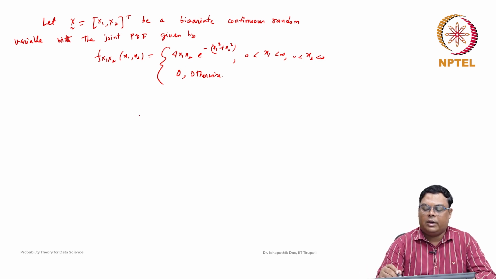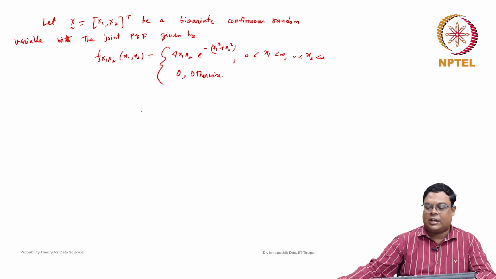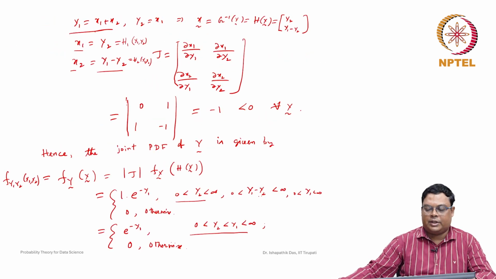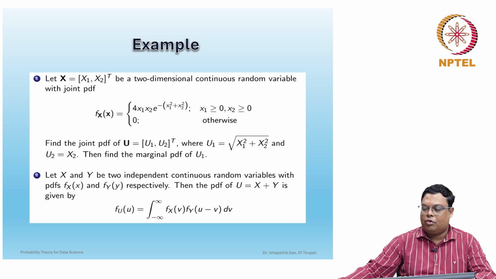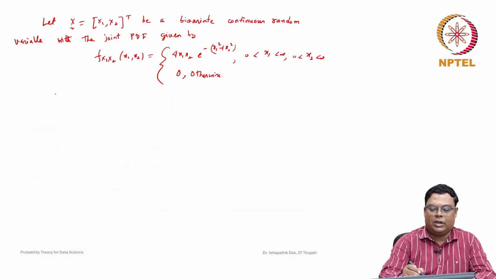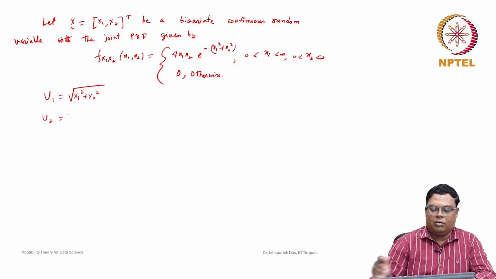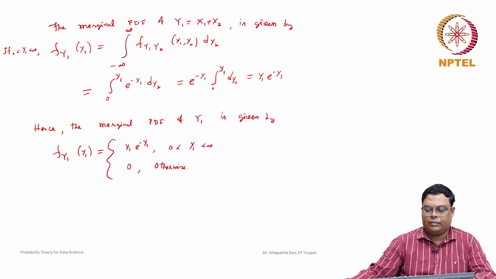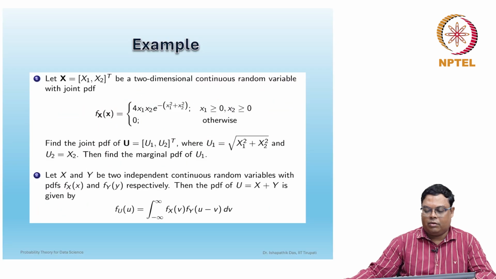Now, the transformation taken is u1 is equal to root over of x1 square plus x2 square, and u2 is equal to x2.